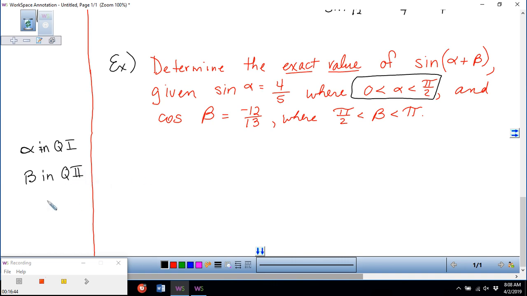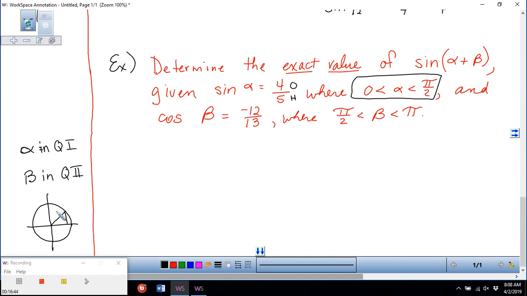Now that's going to be important because when we make our triangle in our circle, it's going to help us to decide what our signs are. So if alpha is in the first quadrant, remember that the sine is opposite over hypotenuse.